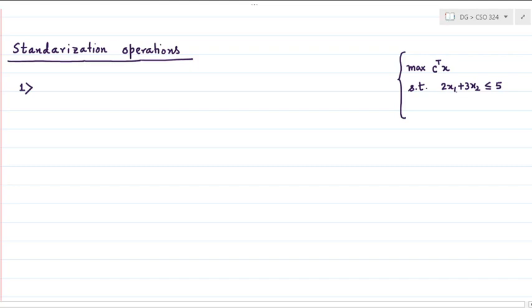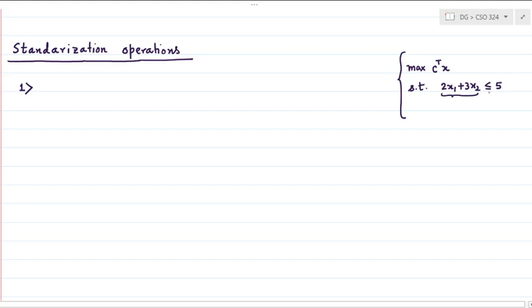Now how do we make this linear inequality a linear equality? Because you need equality in the standard form, and here the left hand side 2x1 plus 3x2 may be strictly less than, or maybe equal to 5.